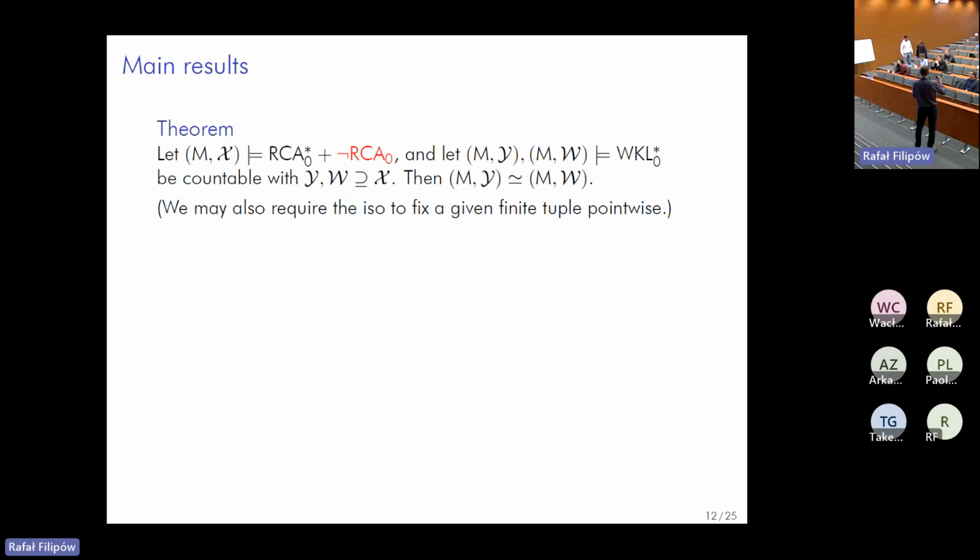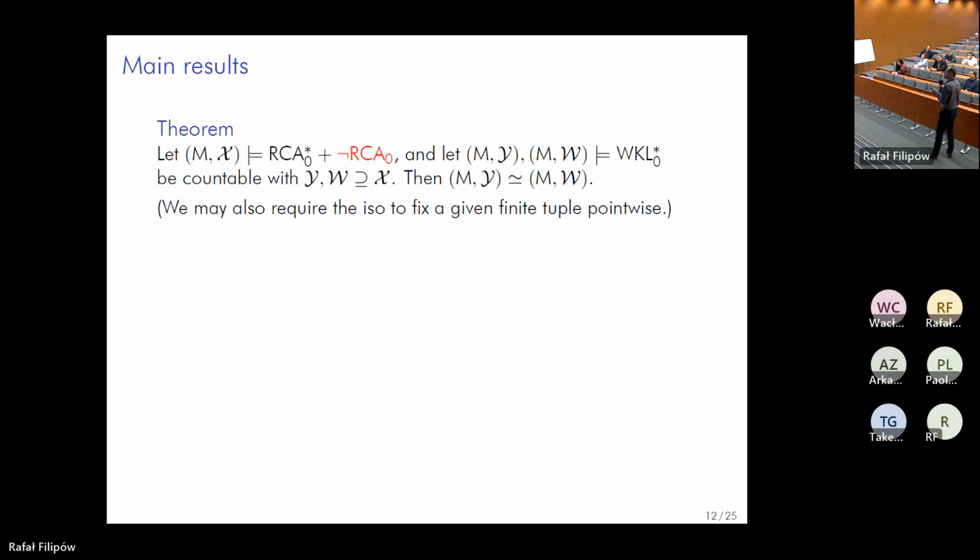I told you that if you have a model of RC0 and you want to extend it so as to add paths through trees, you can do it in lots of inequivalent ways. In particular, you can always get two different models of König's lemma that will disagree on some second order sentence. So it turns out that if you're doing the same thing in a model of RC0* that isn't a model of RC0, then that's no longer the case.